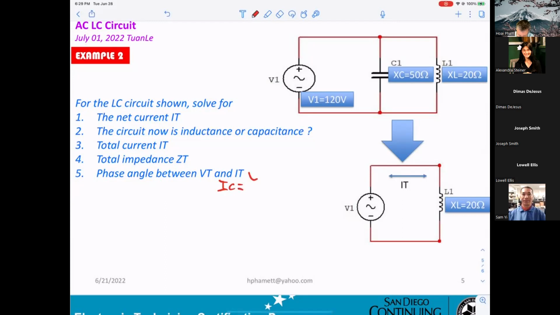V divided by XC, so 120 divided by 50 is 2.4. That's 2.4, the first one, Mr. Brown. 2.4.